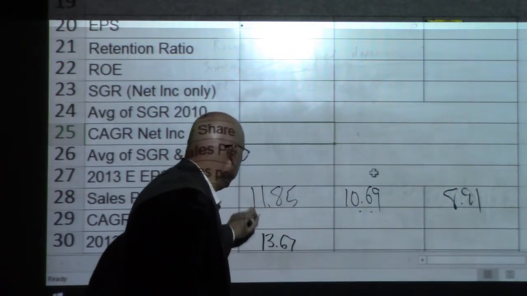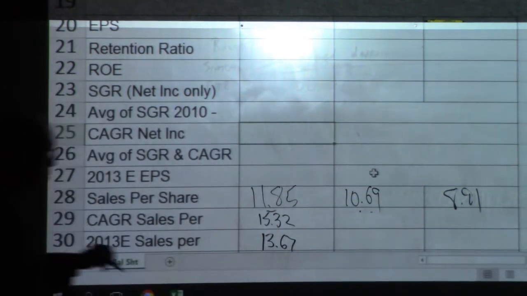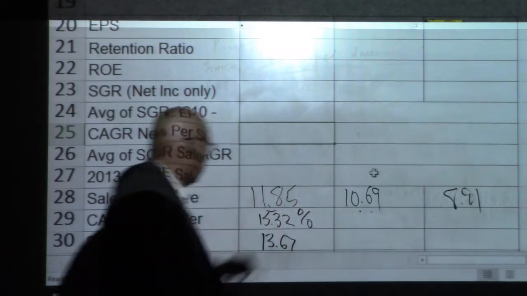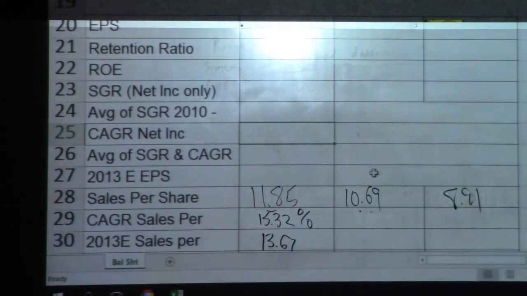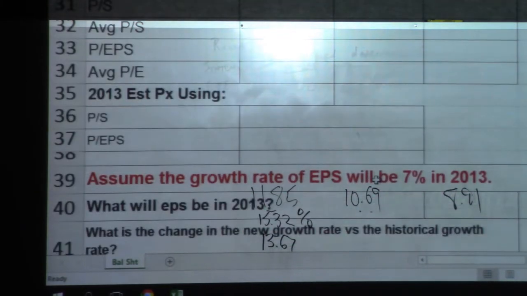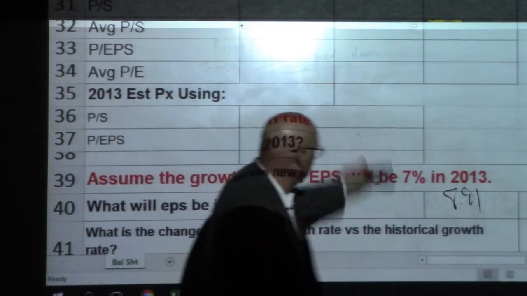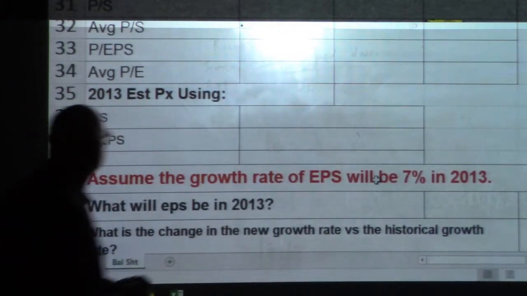This is 15.32%, that's the growth rate. All right. So we've got our sales per share and our earnings per share. Now what we're going to do is the multiples. Let's erase this. And we're looking at our multiples.